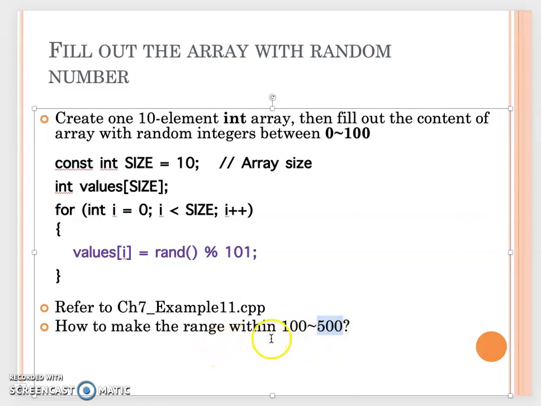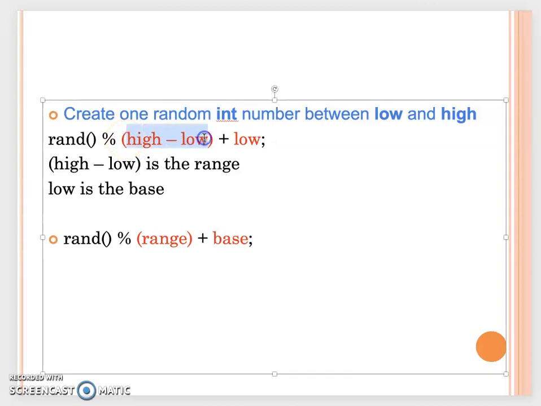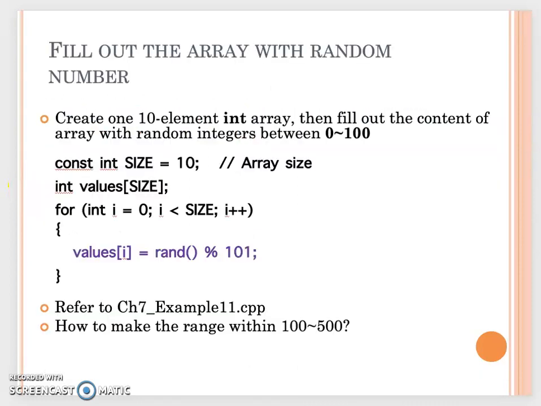How to do that actually is, when we create a random number between low and high, I think we talked about this one before, right? So let's review again. Between low and high, high minus low is the range. This range will be used for the modulus. Because when you want to make the range between 100 to 500, the difference is only 400.